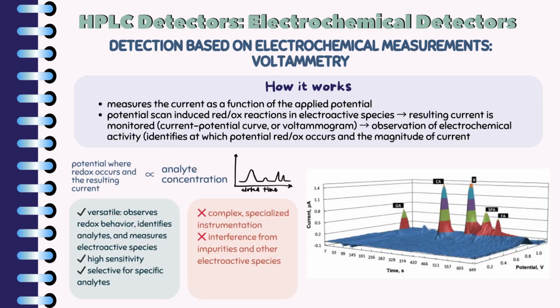While amperometry and coulometry deal with measurements from constant potentials, voltammetry includes measurements from a potential scan. Similar to diode array spectrophotometers, this generates a three-dimensional chromatogram that shows generated currents across a range of potentials. This is advantageous due to its versatility, but it is limited by the complex specialized instrumentation required and its sensitivity to impurities and other electroactive species.